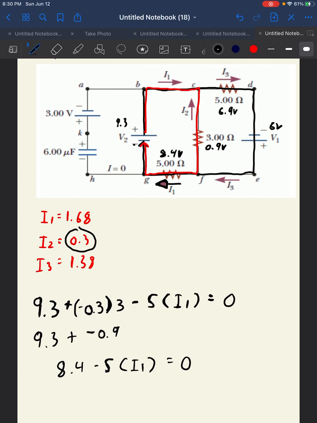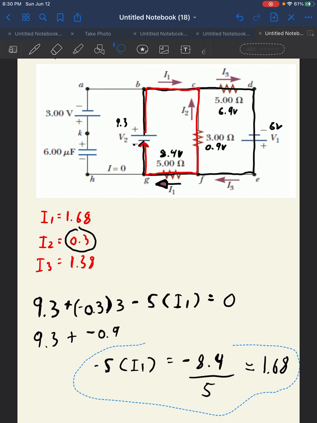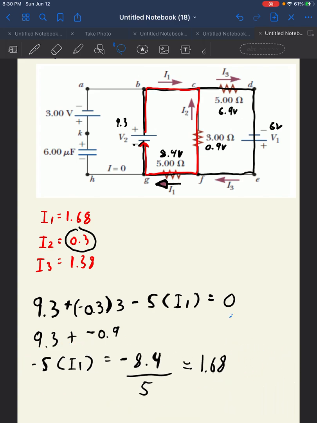Then subtract 8.4 over, so negative 8.4 divided by negative 5, and that will give you 1.68. And that is how you can prove that there is 1.68 amps going through V2 after solving for everything on the overall circuit.